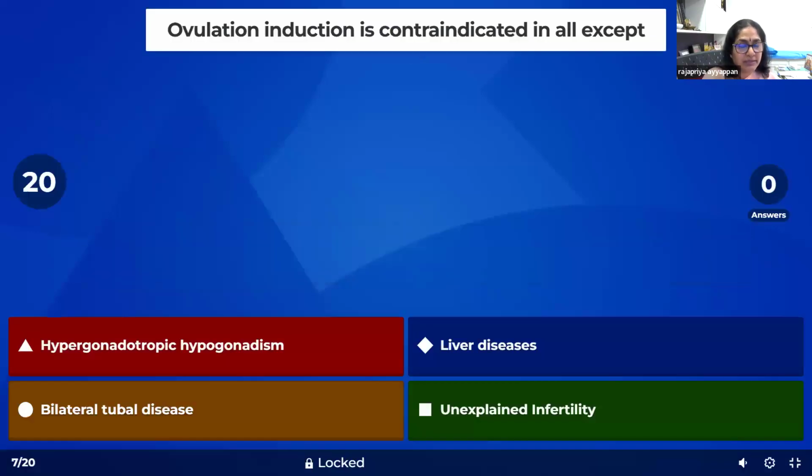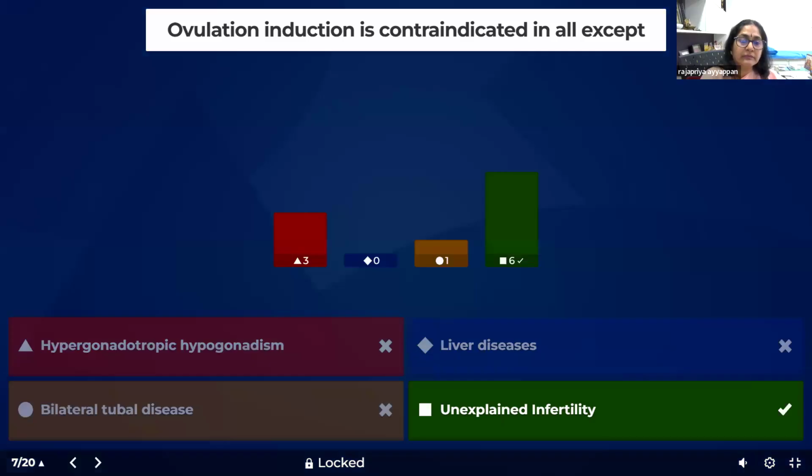Ovulation induction is contraindicated in all except hypogonadotrophic hypogonadism, bilateral tubal disease, liver diseases, unexplained infertility. The answer is unexplained infertility.